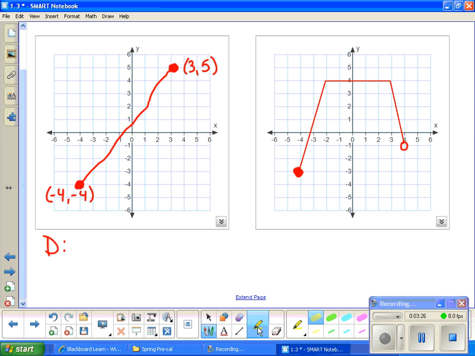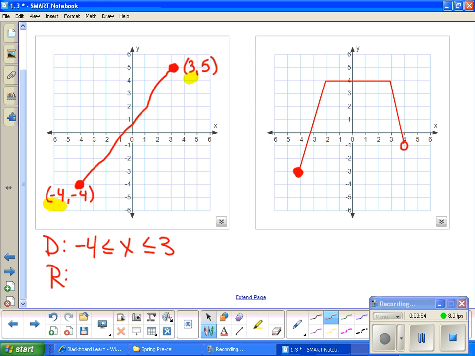Where do our x's go? It goes from -4 to 3. So the lowest x value is -4, but since there's a solid circle, we're going to use less than or equal to. And then the greatest x value is 3. So my domain goes from -4 to 3.